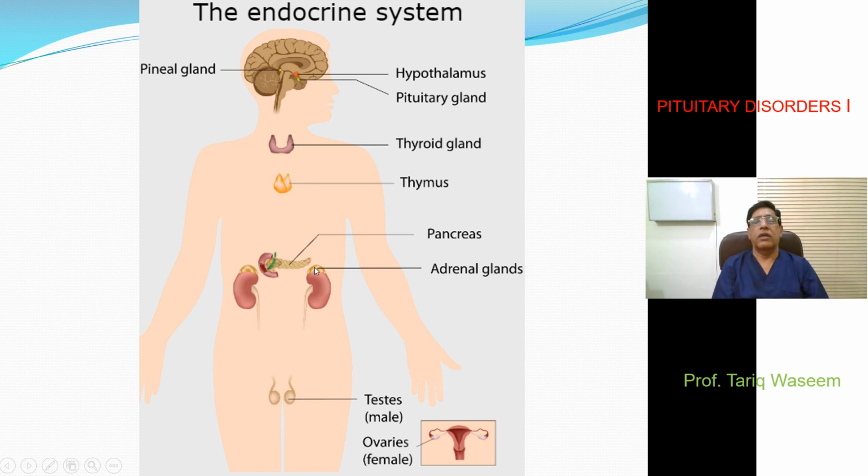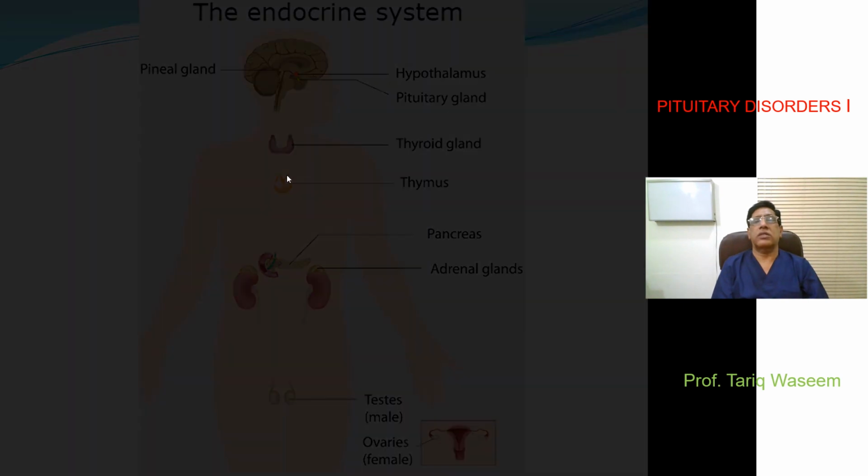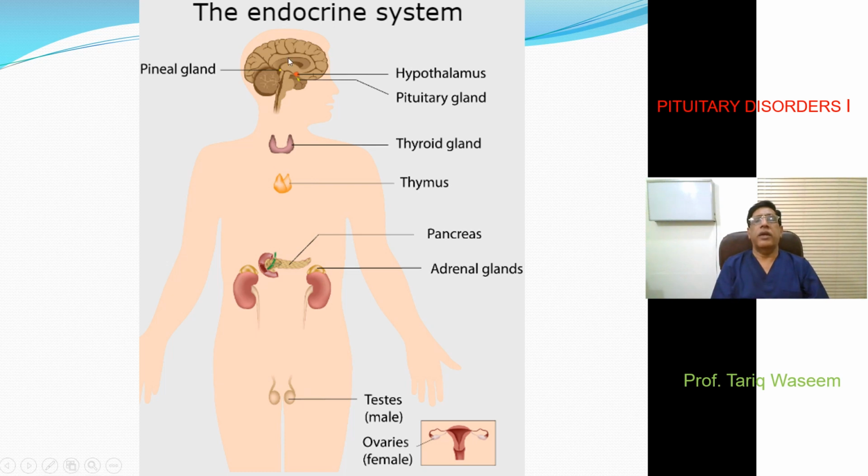Then there are the adrenals, also called suprarenal glands, which release cortisol and related hormones. And then the gonads, testes in males and ovaries in females, are also organs which produce hormones under the effect of hormones released first from the hypothalamus, then from the pituitary. Now these organs are called target glands, right? And the main master gland is the pituitary gland. How does it function?